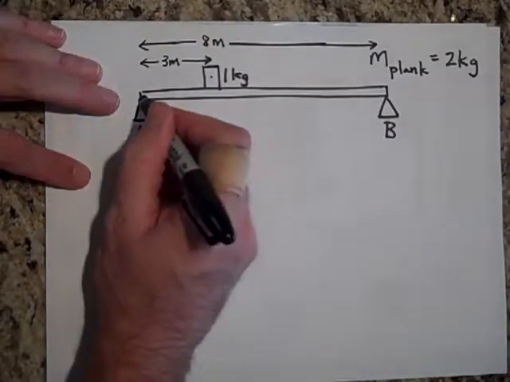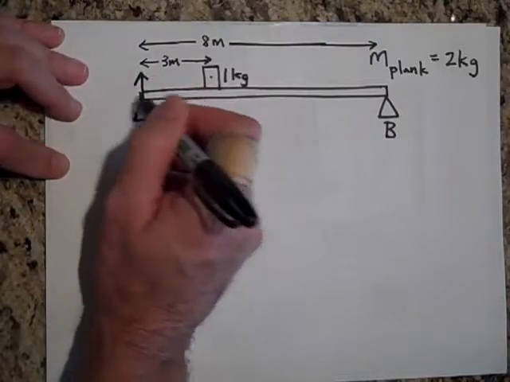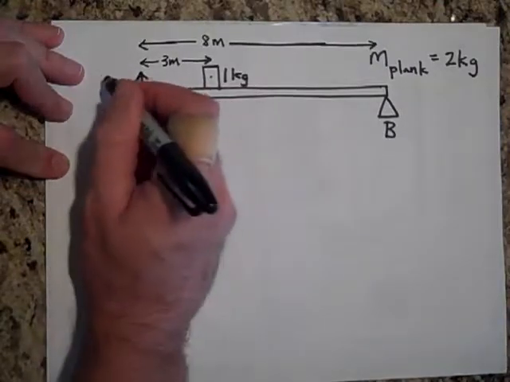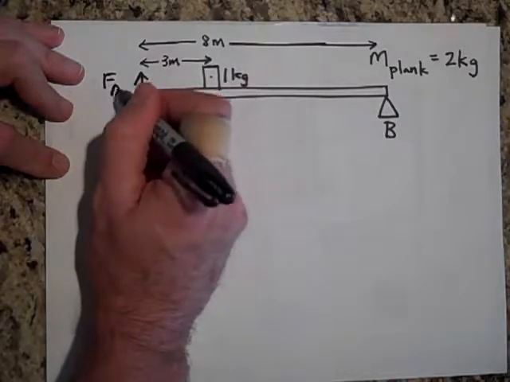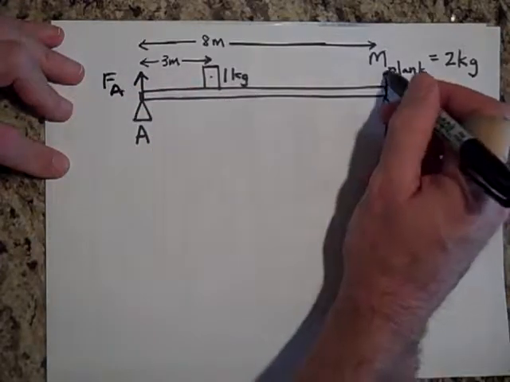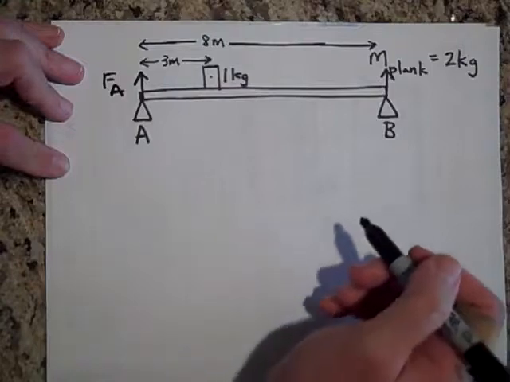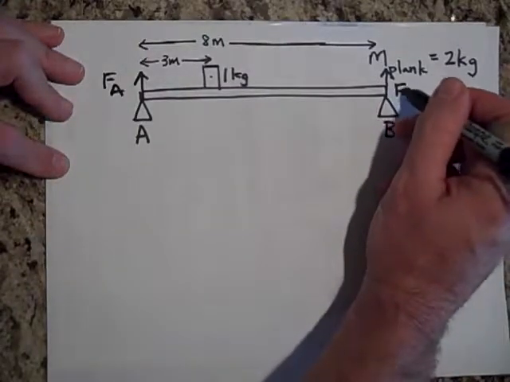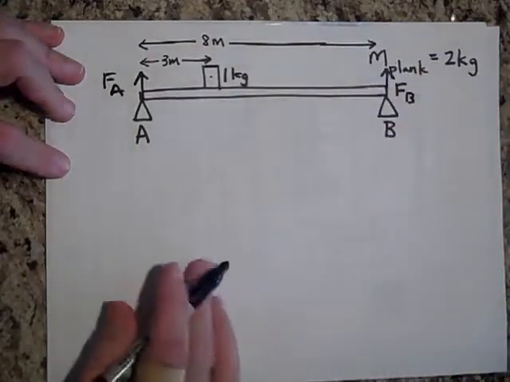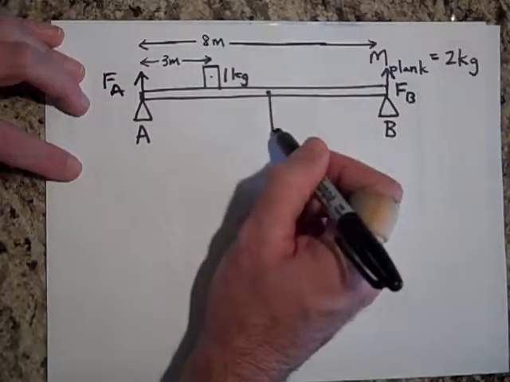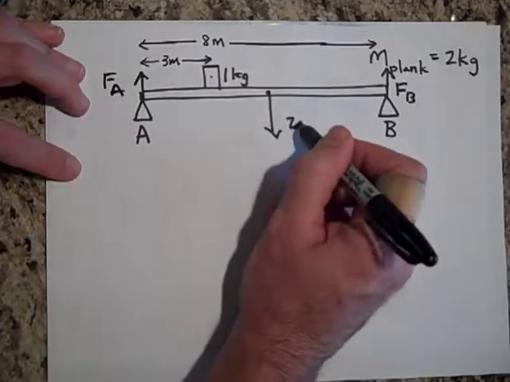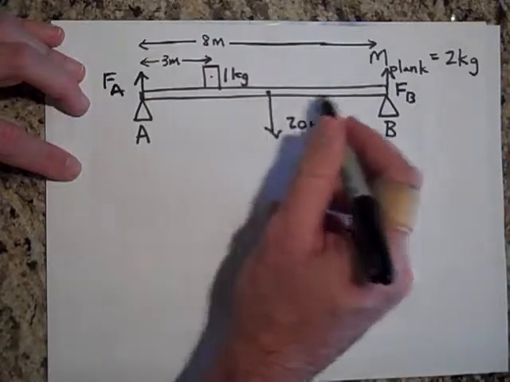So what you do is you first draw all the forces. I know there's a force this way due to the one support, so I'm going to call that FA. And then there's a force this way due to B, so F sub B is straight up. This plank has a weight down of 20 newtons because it's 2 kilograms.